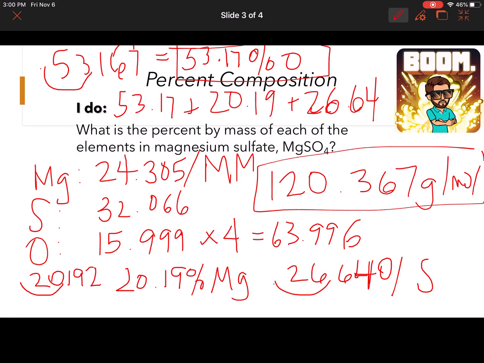And so I'm going to do that really quick. 53.17 plus 20.19 plus 26.64 gives me exactly 100 on the dot. That's because I'm bomb. Let's check the next one.